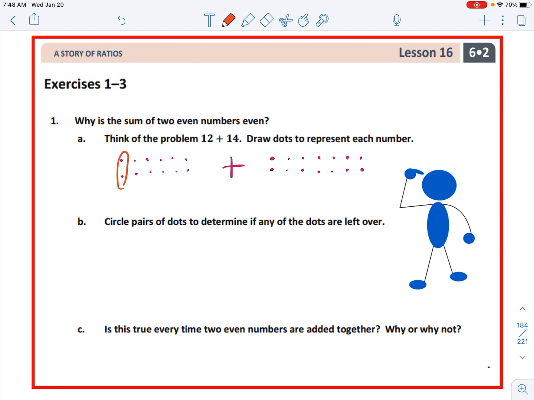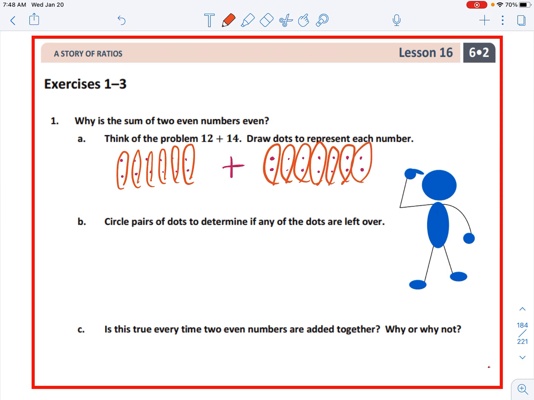And then letter B tells me to circle pairs of dots to determine if any dots are left over. So I'm just circling the pairs. I'm going to see if any are left over. And we see none are left over, which means our answer is even.